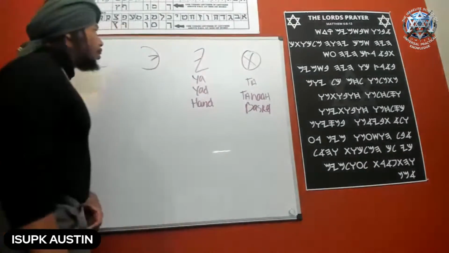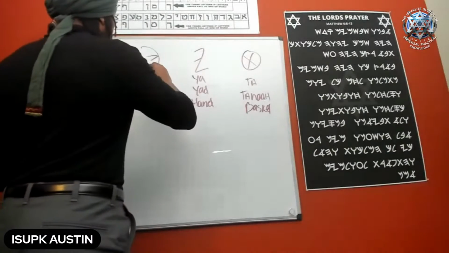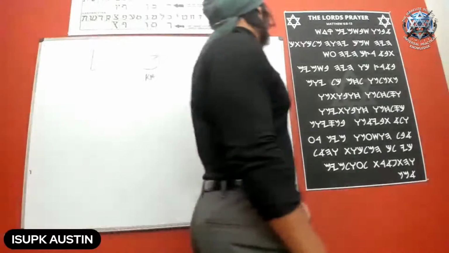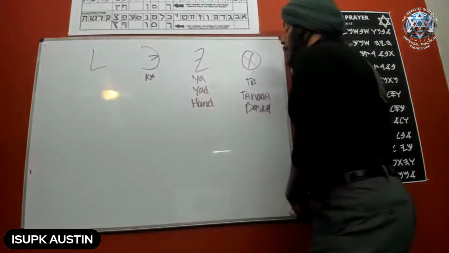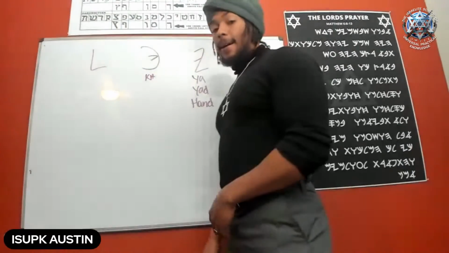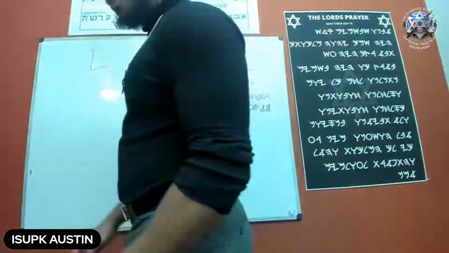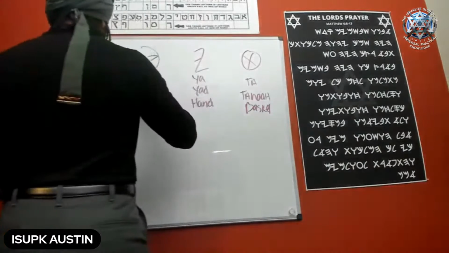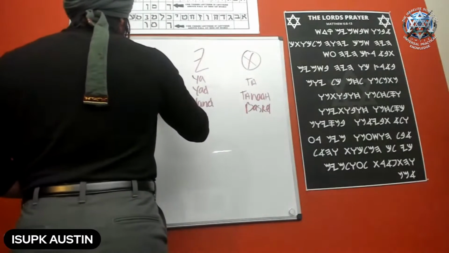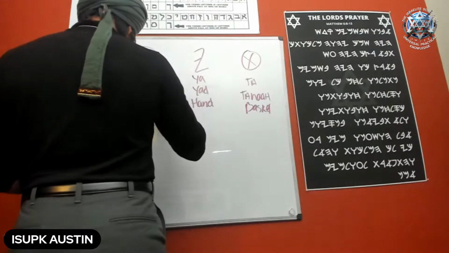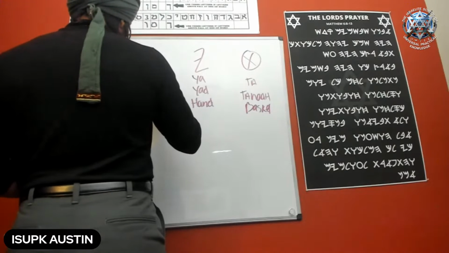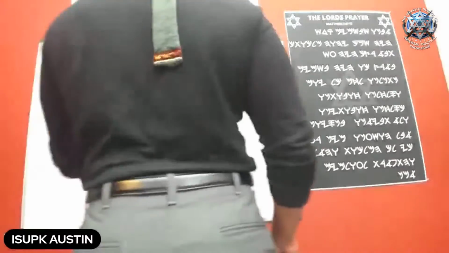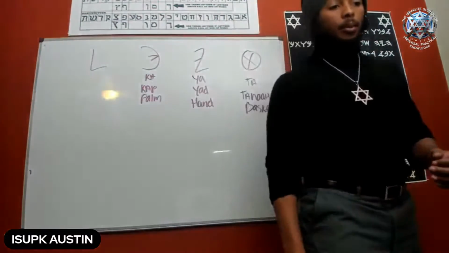Now we have ka. What is ka? Ka comes from the word ka, which is your palm. When I'm writing these down, this is what it's being represented as.